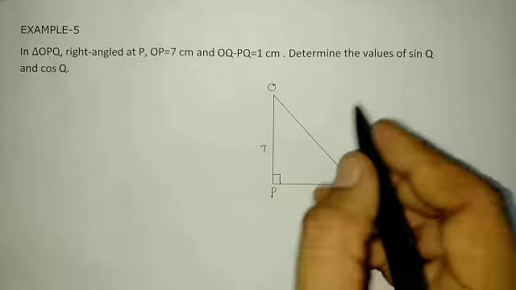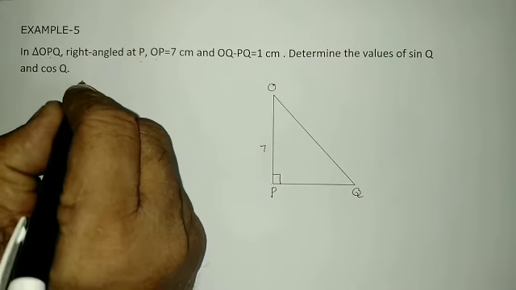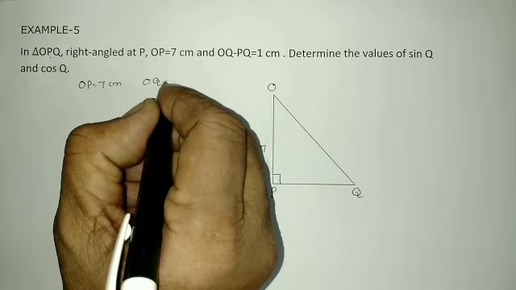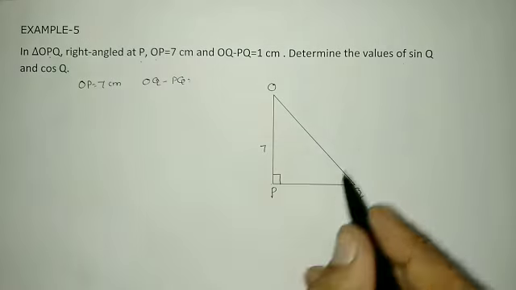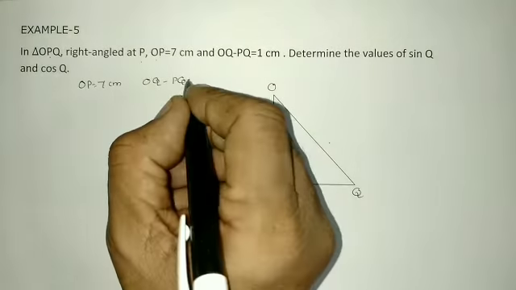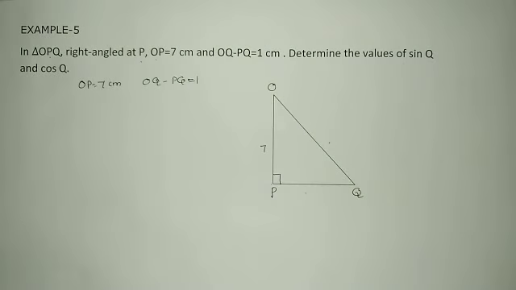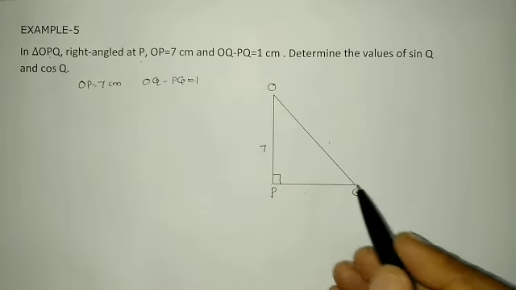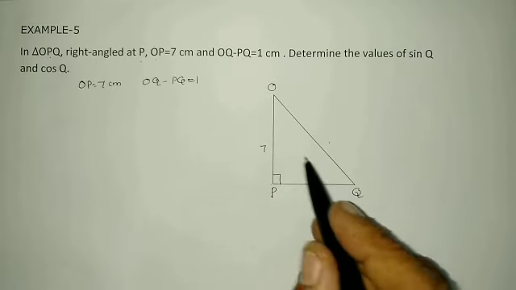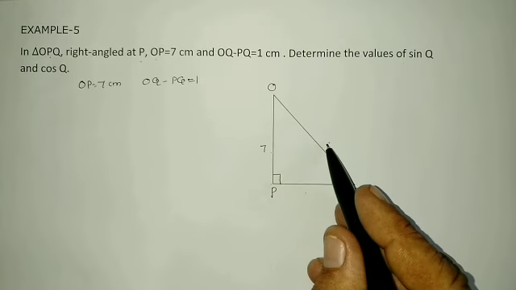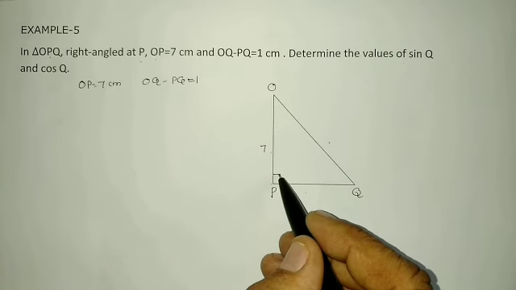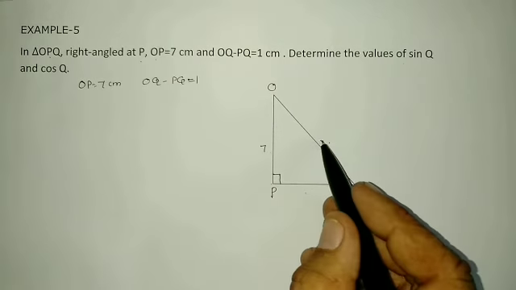OQ minus PQ, difference of the hypotenuse and the third side is equal to 1. Now you have to find sin Q and cos Q. Sin Q means opposite side of Q by hypotenuse. First we have to find hypotenuse. Here as angle P equal to 90, OQ is the hypotenuse.